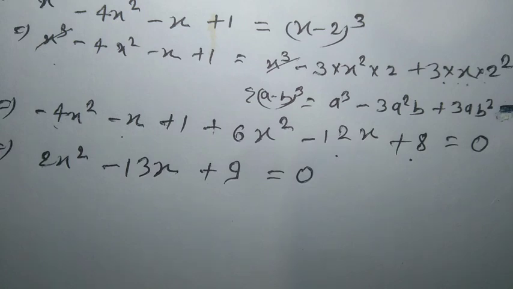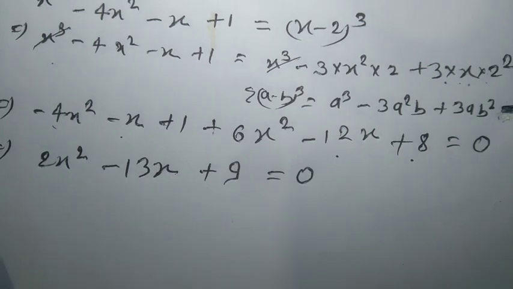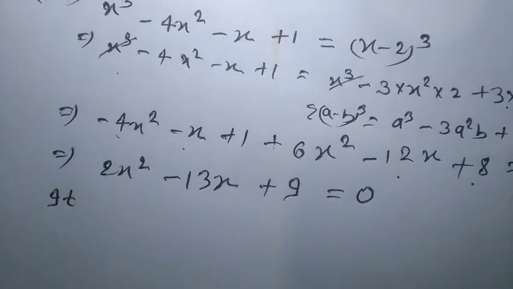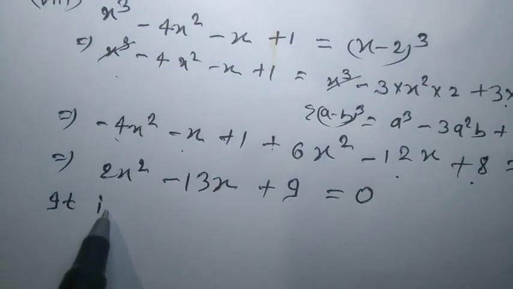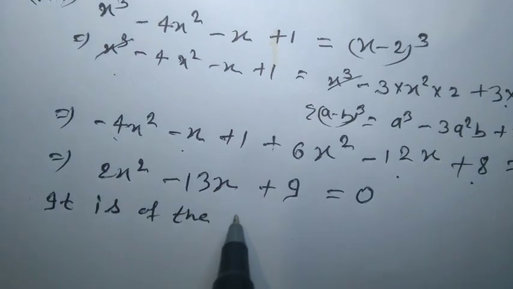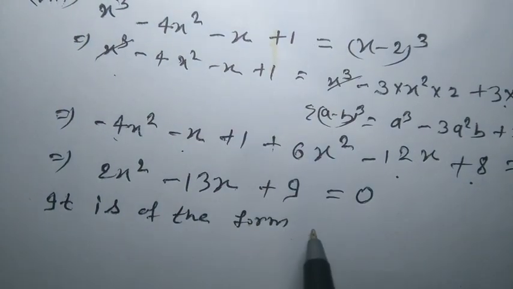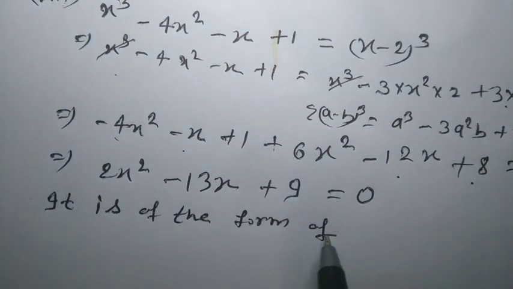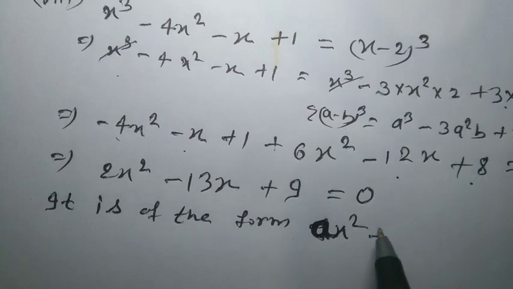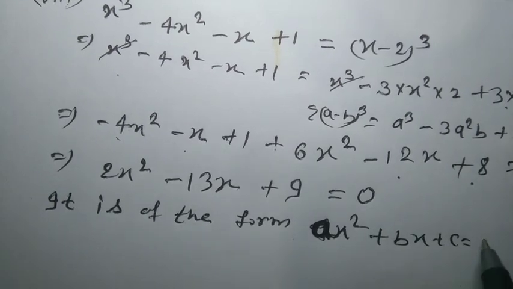Okay, now write it is of the form ax square plus bx plus c is equal to 0.